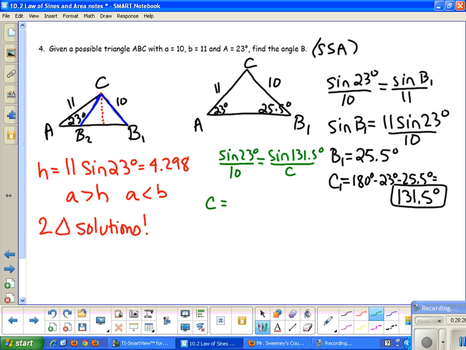So C in this case would be equal to 10 times the sine of 131.5 degrees divided by the sine of 23 degrees. That's what you would get when you cross multiply. So I'm going to call this little c1. So little c1 is equal to, or the length, 19.17. So now I have my two angles and my other side.